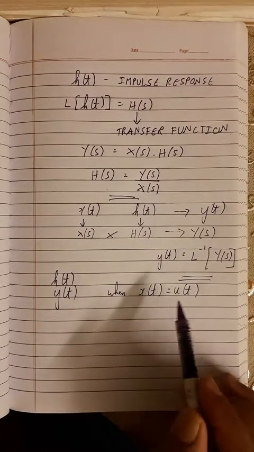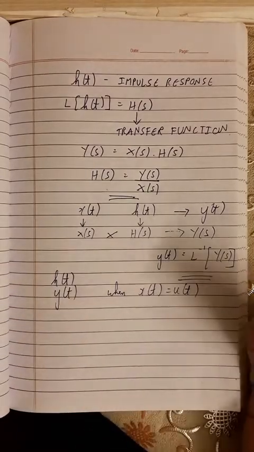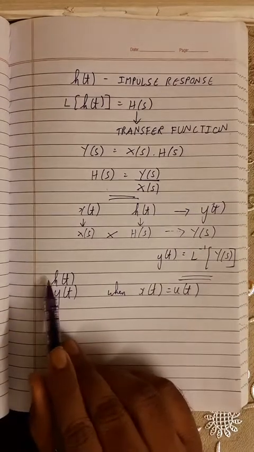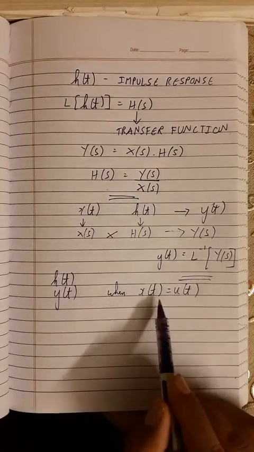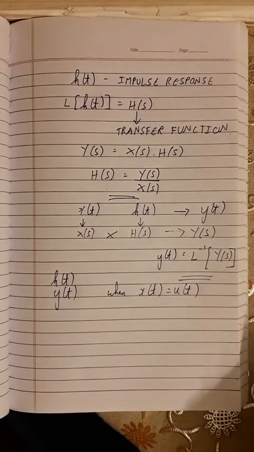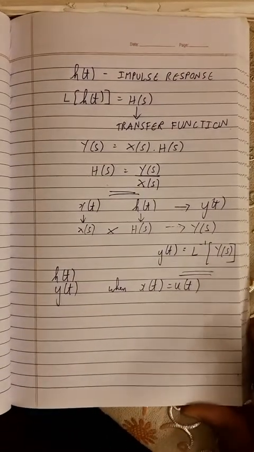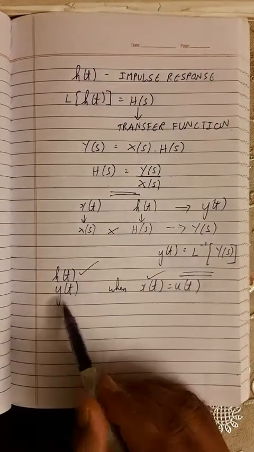When they say unit step response, what they mean is the response of the system when the input is a unit step function. So this is how they give you the question: either they define the LTI system by h of t and x of t, and ask you to find y of t.